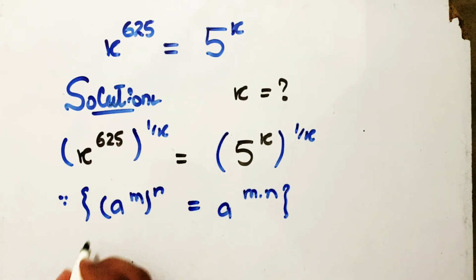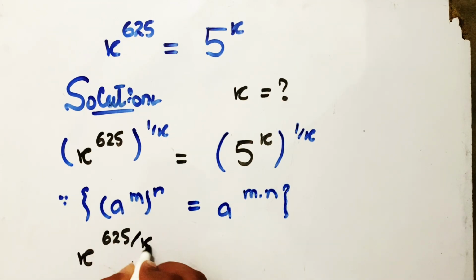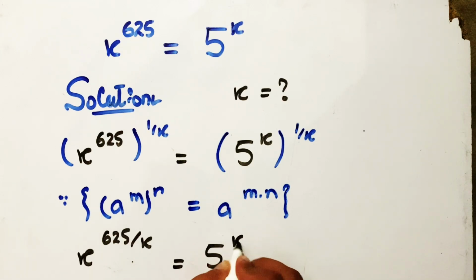So our equation will be x to the power of 625 divided by x equals 5 to the power of x into 1 by x.